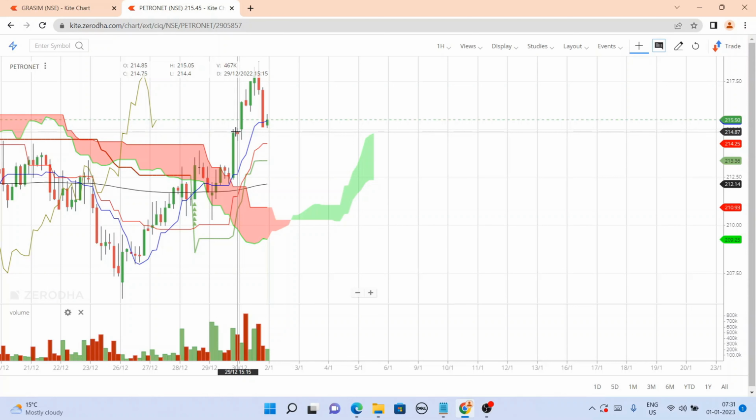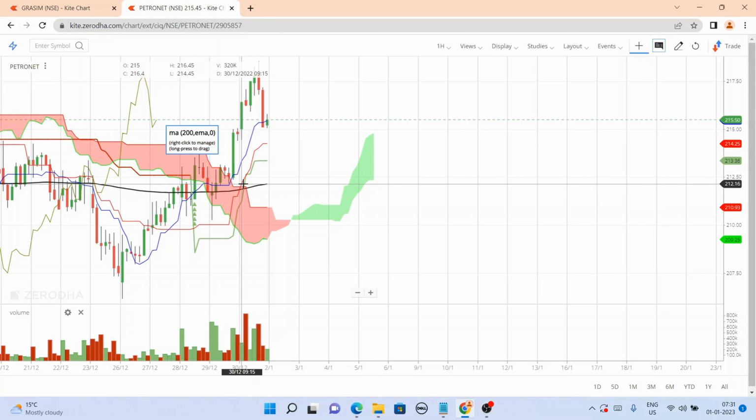So basically what we are looking at here is roughly 1% of stop loss, and a minimum of 1 is to 1 RR, and as I mentioned it can be 1 is to 2, 1 is to 3 depending on the setup. Like in the previous case with the Grasim short trade, we actually saw almost 3% intraday returns.